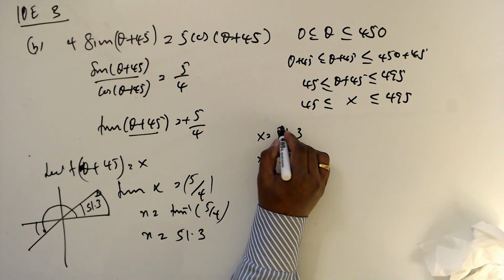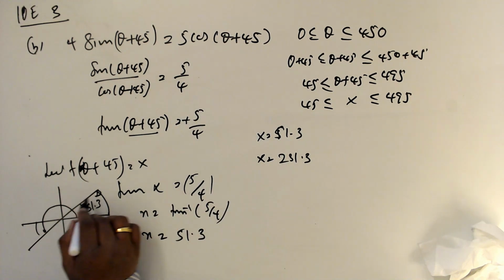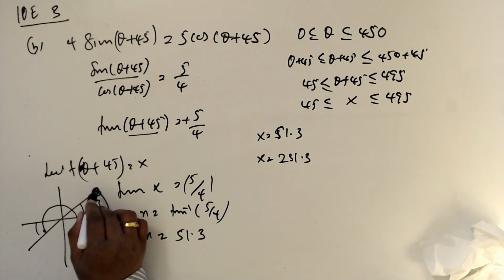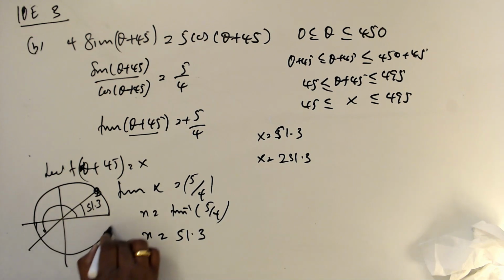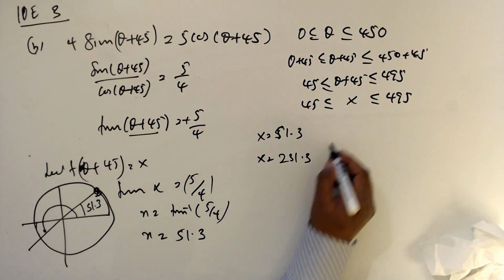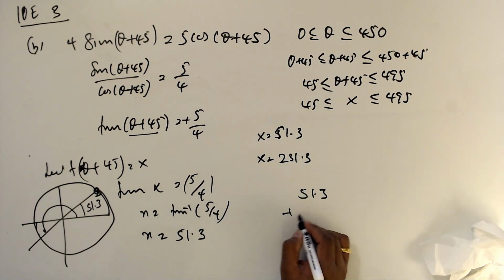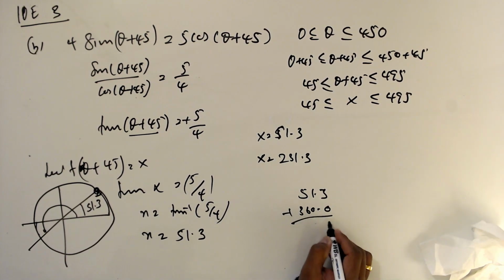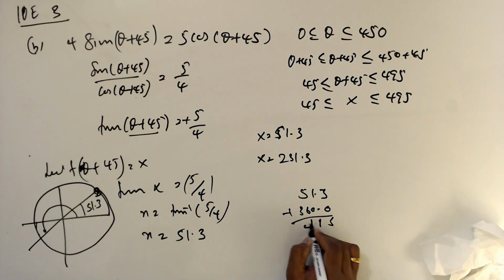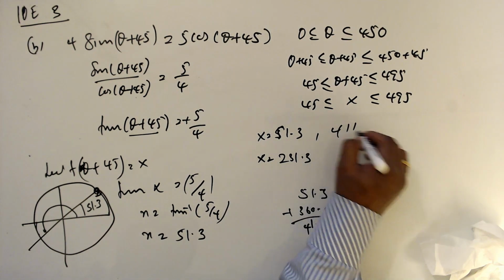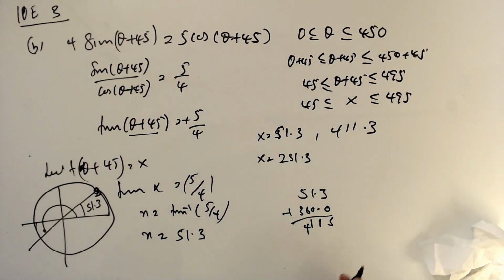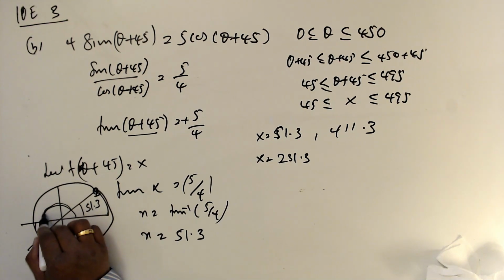Now we'll go one more round. So this place 51.3 and one more round. It means 51.3 plus 360, so that is 411.3. Then this angle is 231.3.